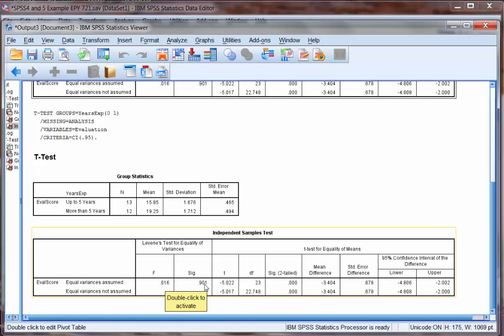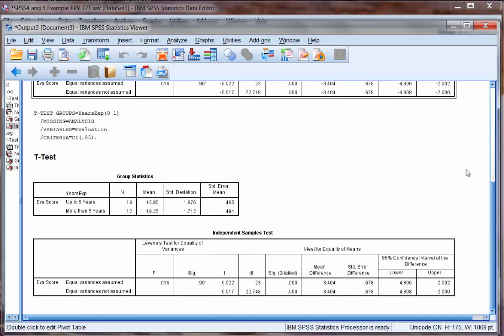My significance is 0.901, so I'm going to keep my null hypothesis that the variances are the same, and I'm going to use this top row going across here for reporting purposes. I don't have to use this one because I've got equal variances assumed.